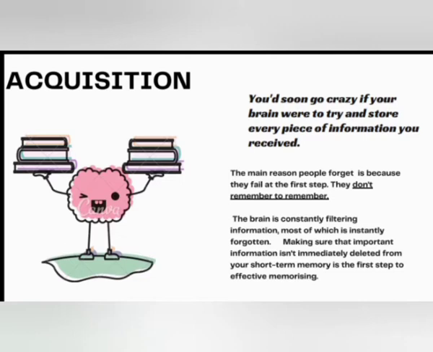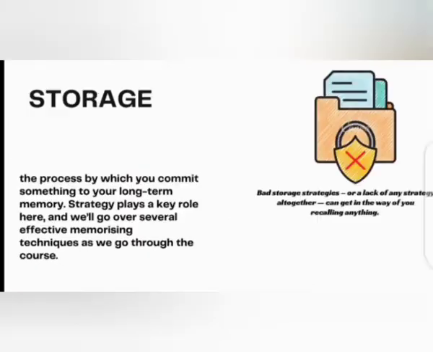We have to make sure that important information is not being immediately deleted from our short term memory, and that is what we do during the acquisition stage. We are making sure to remember. So we are remembering to remember. I know it sounds funny, but that's what we're doing. We're making sure that important information is not being lost immediately from our short term memory.